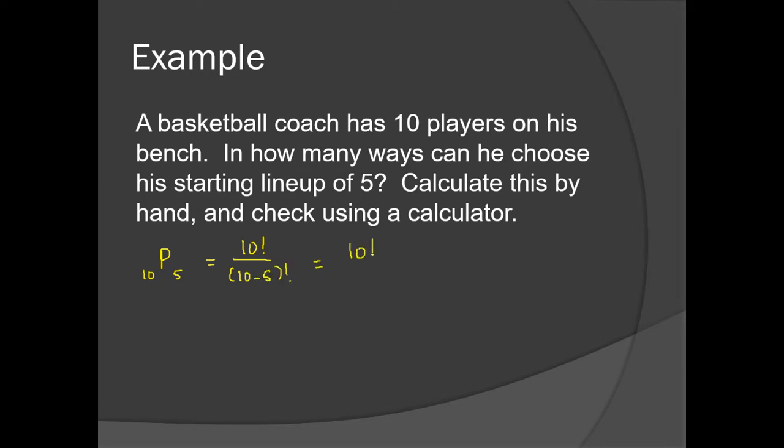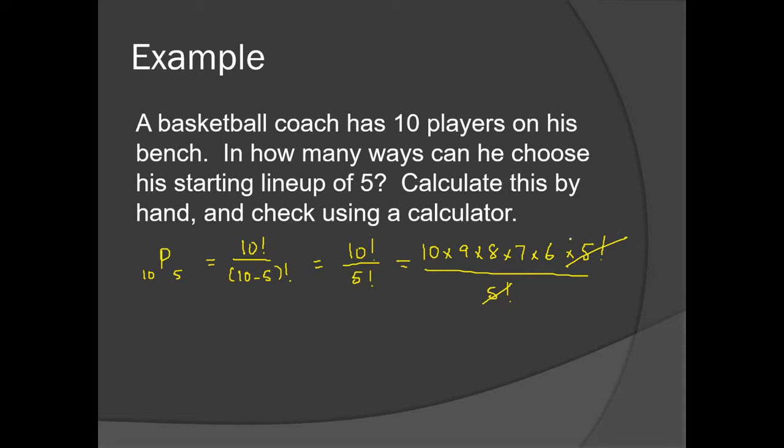That's 10 factorial over 5 factorial. And using our trick from earlier, that's 10 times 9 times 8 times 7 times 6 times 5 factorial over 5 factorial. That's just using the definition, the formula itself.